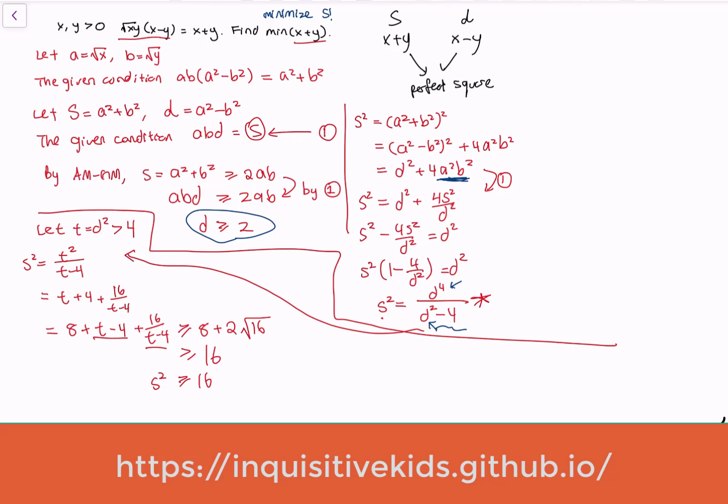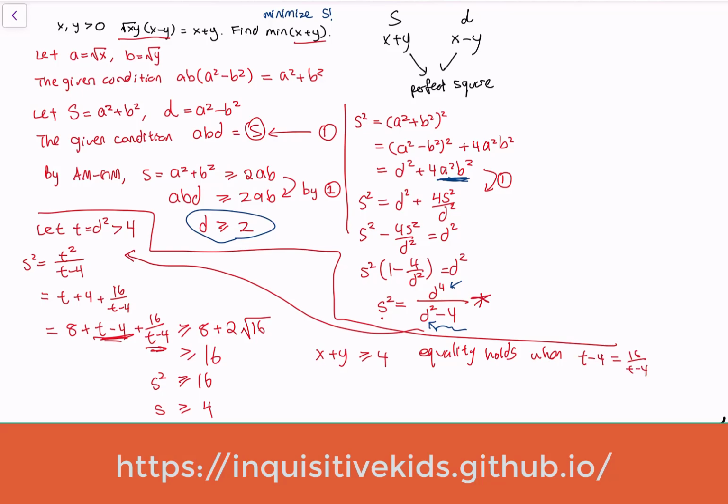Now we want to minimize S. So we have S is greater or equal to 4. This means that S, which is x plus y, is greater or equal to 4. Now before we commit to this answer, we have to double check the equality condition. Equality holds when t minus 4 and 16 over t minus 4 are equal, because this is what we apply the AMGM inequality onto.